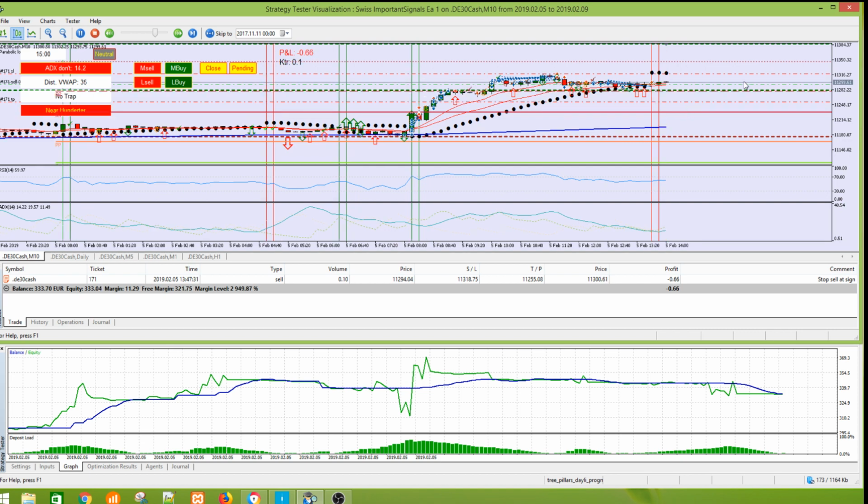So what is it? As the ADX is so low, I'm not allowed to buy or sell. No, it's blocked. But it's a bit strange. The robo should be blocked too.